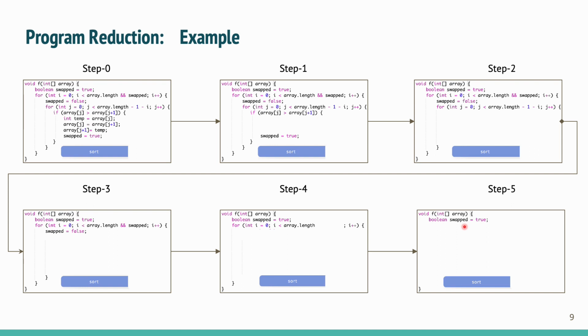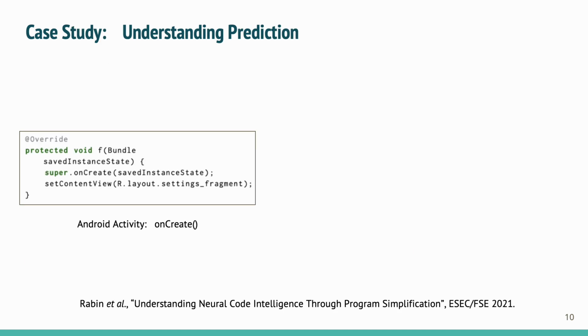Maybe the model has seen a lot of programs with these variables, so it thinks these variables are more important than other code elements for the prediction. Such prediction-preserving program reduction can give us an intuition about the model's inference, and such reduced programs have various applications. For example, we can use the reduced program to better understand the model's prediction.